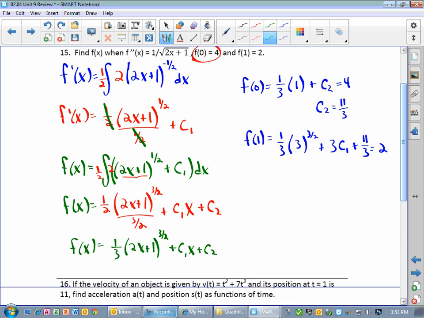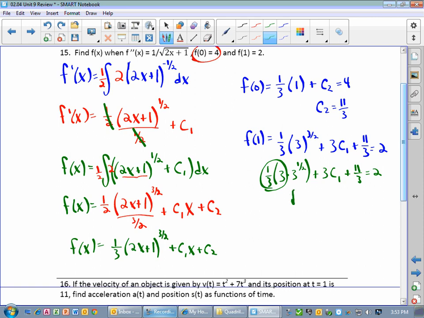So we have 3 to the 3 halves, which is the square root of 27, which doesn't help us a whole lot. So I'm just going to leave it as 3 times 3 to the 1/2. Think about why I would do that. And this is 1/3 times that, plus 3c1 plus 11/3 equals 2. Now, the reason I chose to write 3 to the 3 halves as 3 times 3 to 1/2 is because 1/3 times 3 gives me 1.